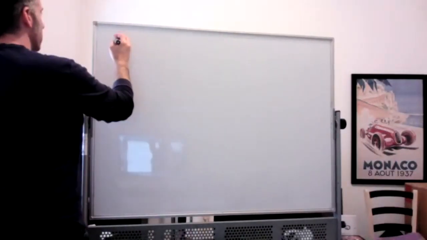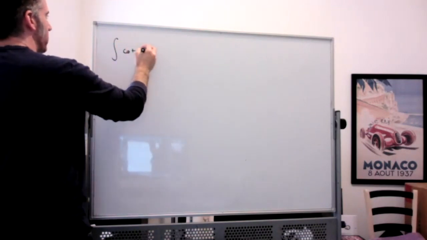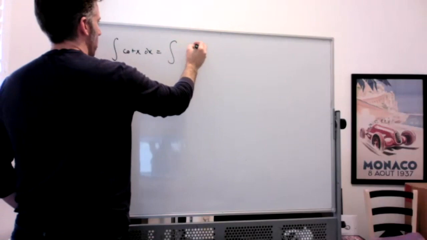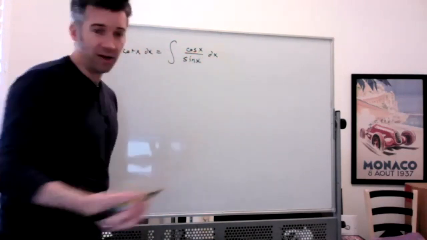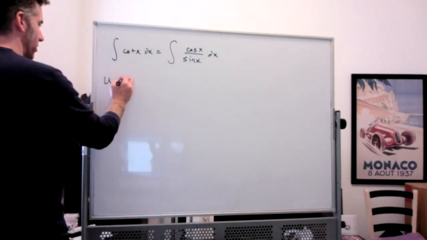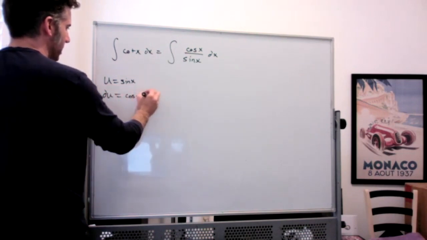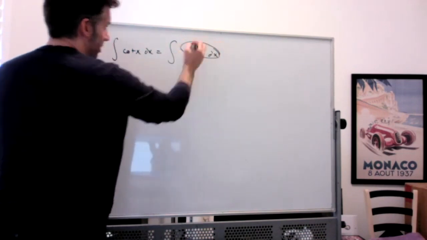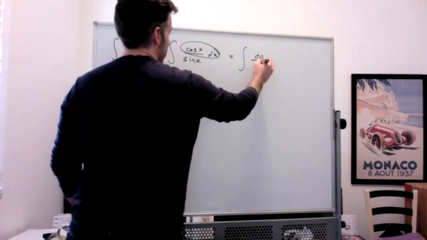The integral of cotangent of x is the integral of cosine of x divided by sine of x. Now we're going to make the u substitution that u is equal to sine of x, taking the thing in the denominator. Du is equal to cosine of x dx, and look, that works out perfectly. That's du, and sine of x is just u.